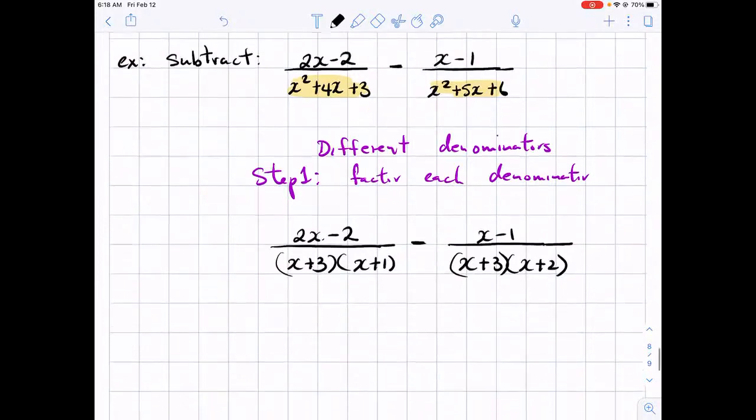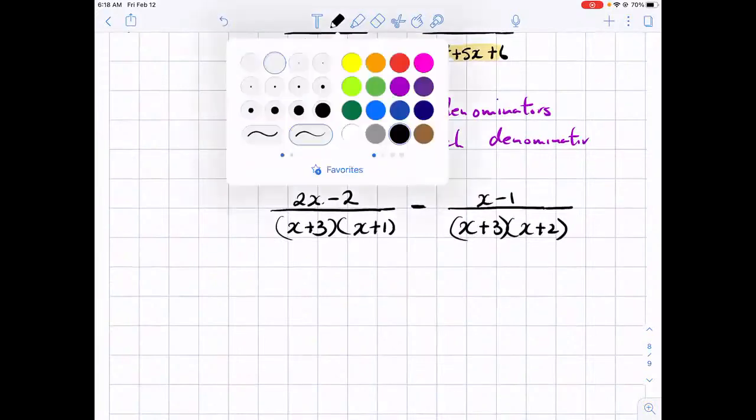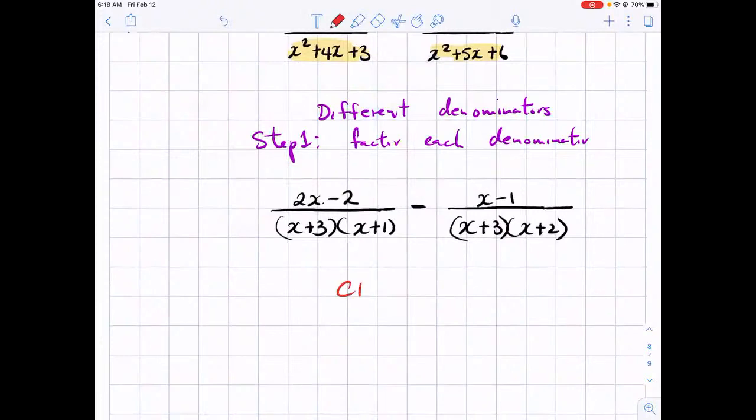Now, since we have factored the denominators, we can find our common denominator. So we always start off by writing x plus 3. Then we move to the next one, x plus 1.